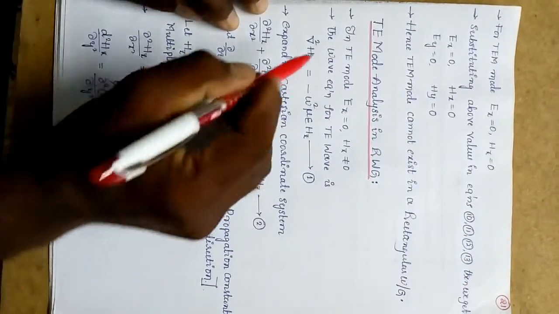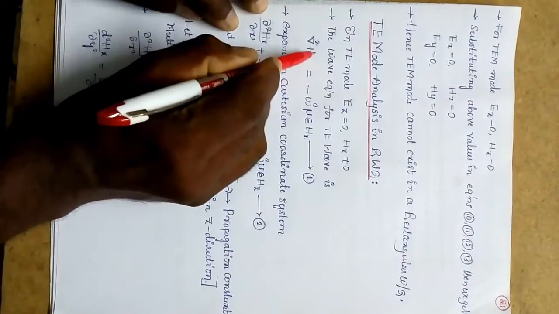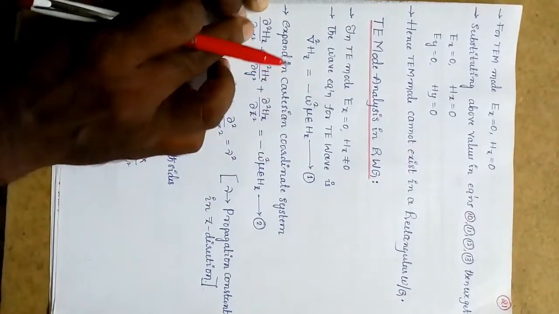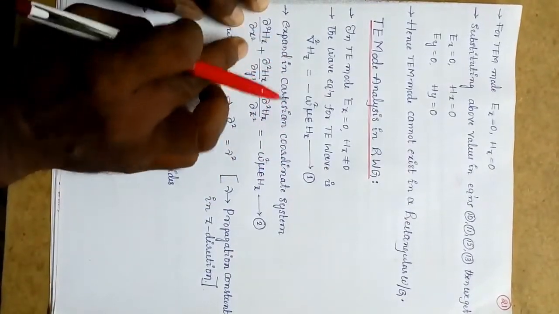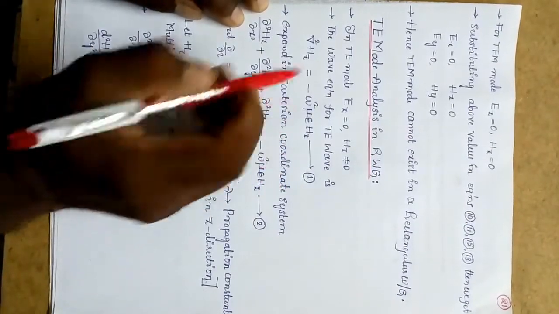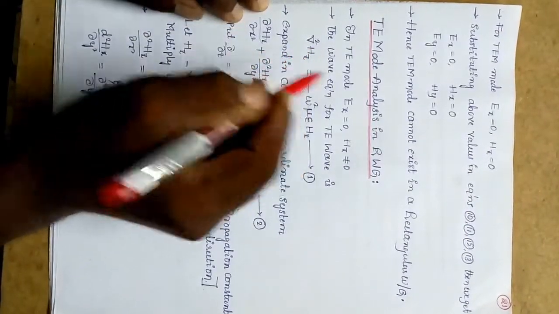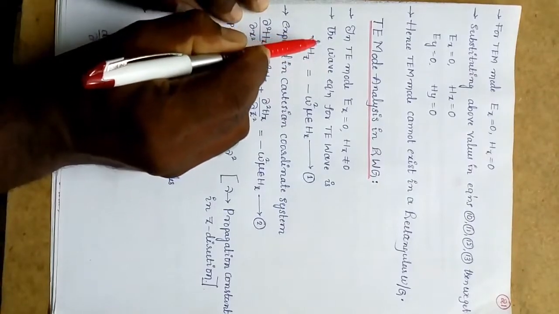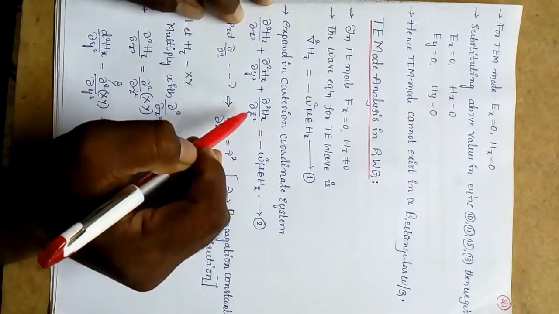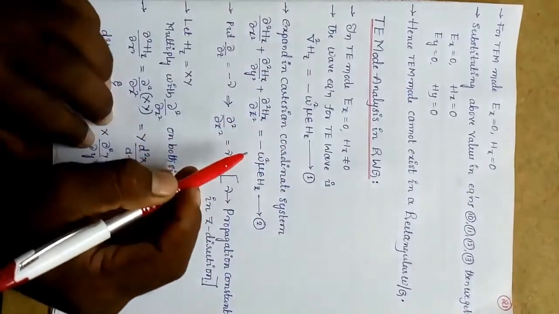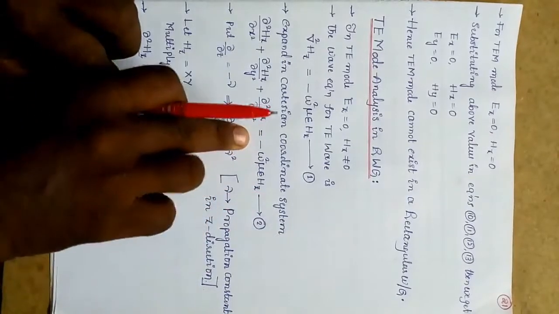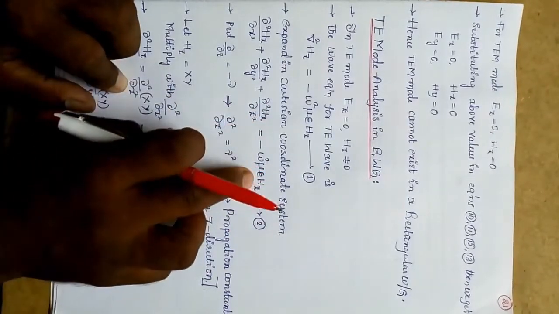Hz is a common term, and in place of del square you simply write dou square by dou x square, dou square by dou y square, dou square by dou z square. Clear? The right side is minus omega square mu epsilon Hz.